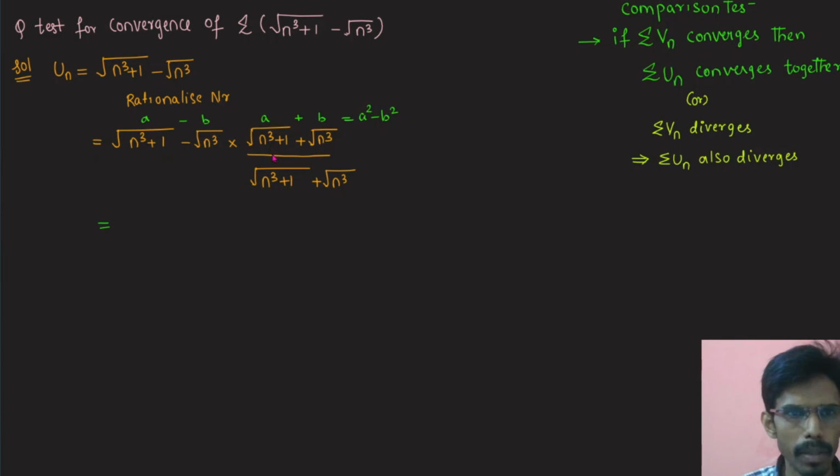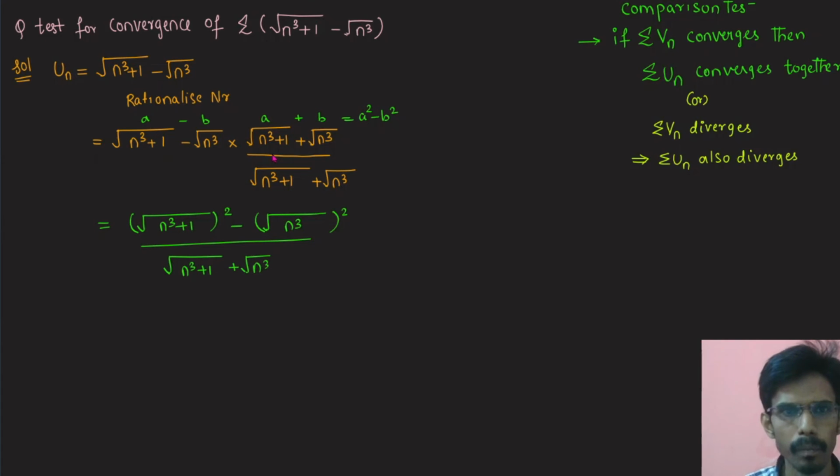So that will become root n cube plus 1 whole square minus root n cube whole square upon root n cube plus 1 plus root n cube.